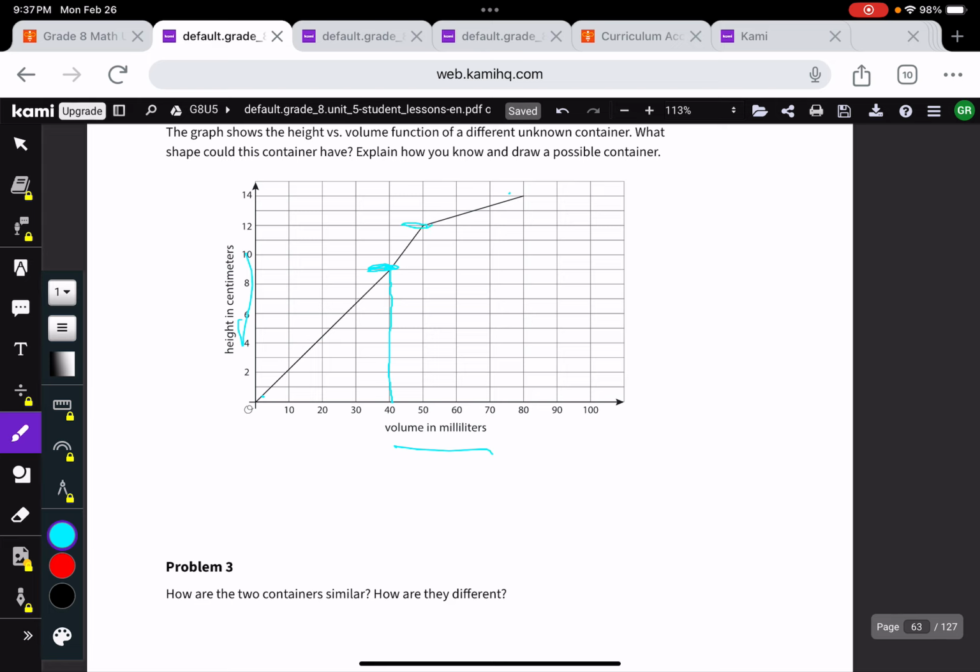And then the next is just from 9 to 12, that is 3 centimeters. And then you have from 12 to 14, which is just 2. So it goes 9, 3, and 2.